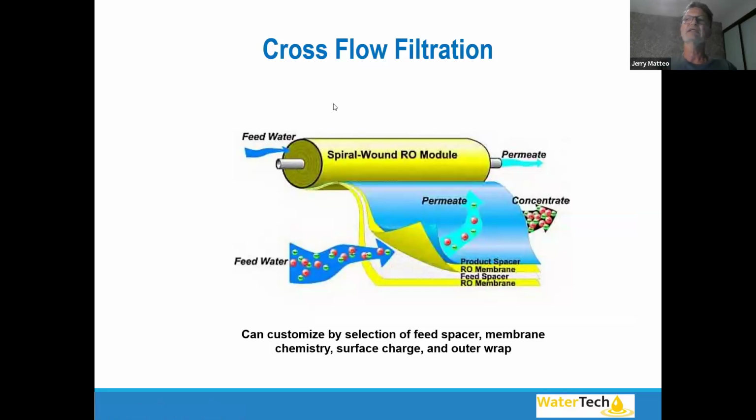This is kind of what's happening in a spiral wound RO membrane. We've got our feed water coming in here.